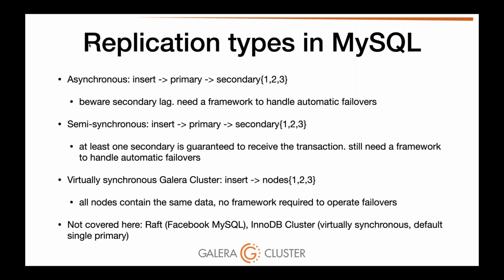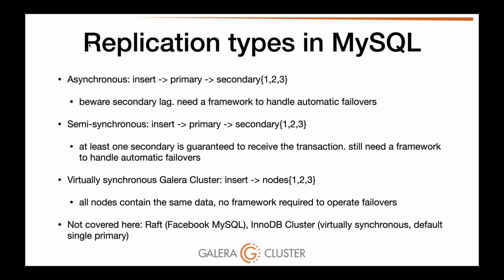And then there is, of course, the virtually synchronous Galera cluster, where when you make an insert, you are actually writing to 3 nodes, but it writes to one node first, and then it certifies the transaction across all the other nodes, and then the transaction gets shipped over, especially if it's a large transaction, which is why we call it virtually synchronous replication.